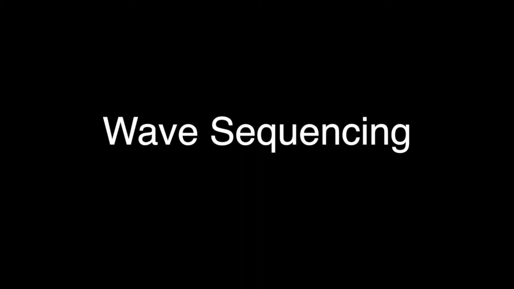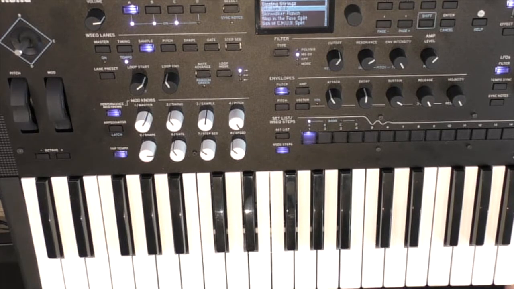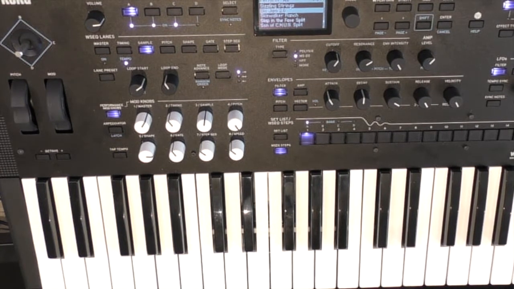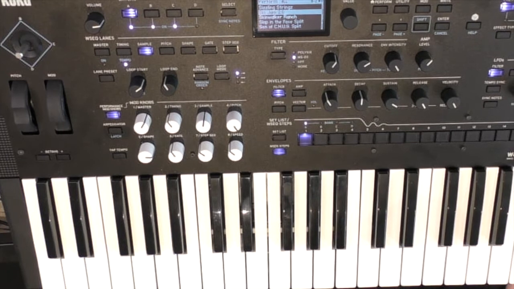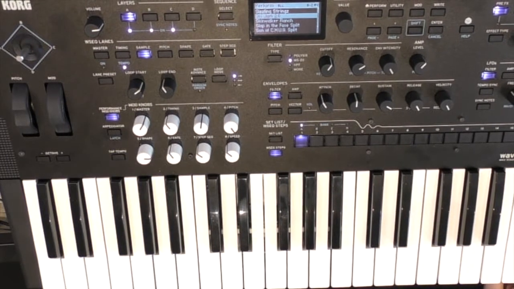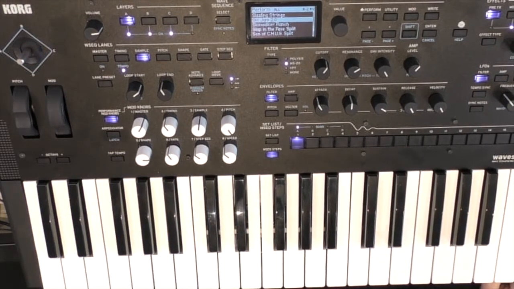More about wave sequencing technology. This system appeared on the Wavestation in 1990, and some fantastic pads and textures found their way onto movie soundtracks, for example, where almost nothing else needed to be added. But it was quite difficult to access the wave sequences.